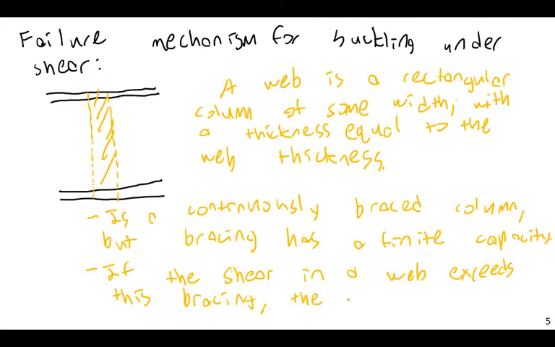Basically, all I'm trying to give you here is an intuitive or mechanical understanding of how local buckling works. So let's look at this now in terms of column buckling.